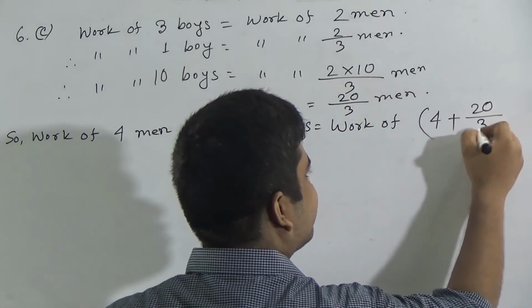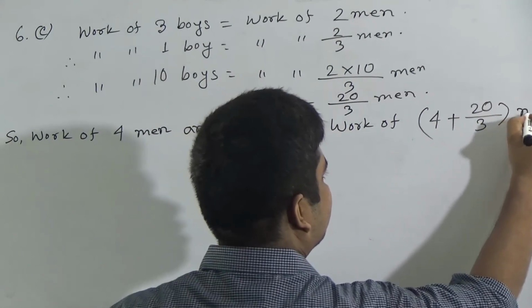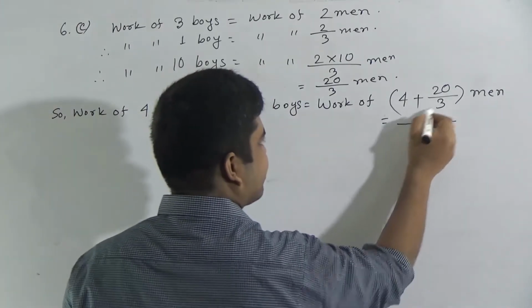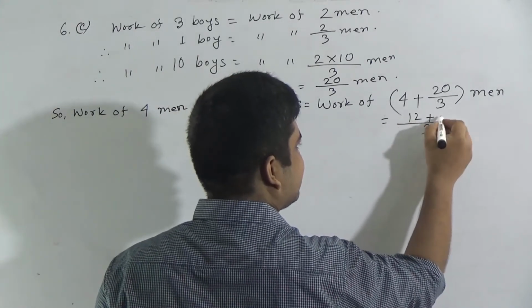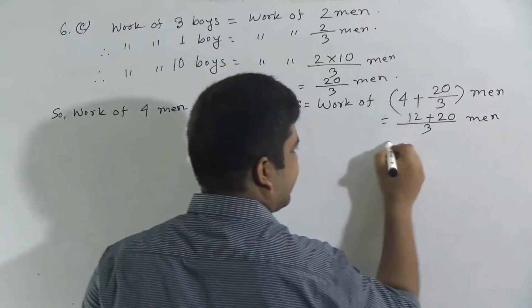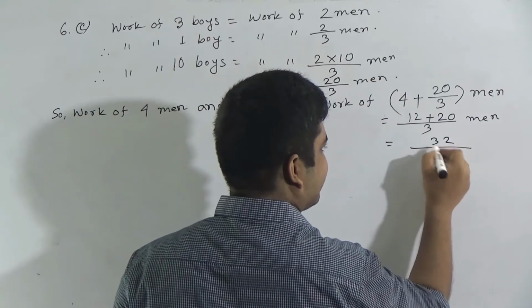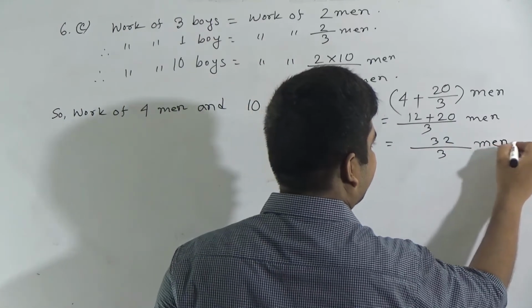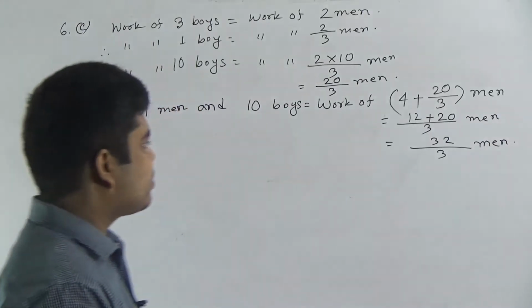So 20 by 3 I write this. Okay, now I add, 3 is LCM, 3 4s are 12 plus 20 men, and we get 32 by 3 men. I hope you have understood.